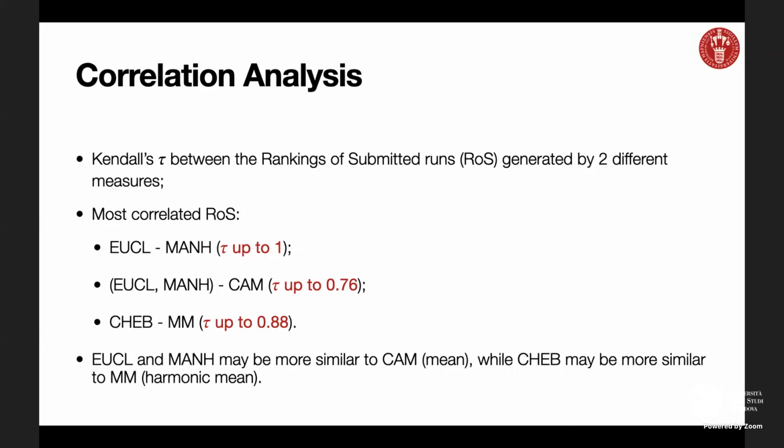And again, this made sense because Chebyshev is quite strict. You can think about this as a min measure, because whenever, for example, one aspect is 0, then everything is flattened there. And it works similarly because it's a weighted harmonic average.